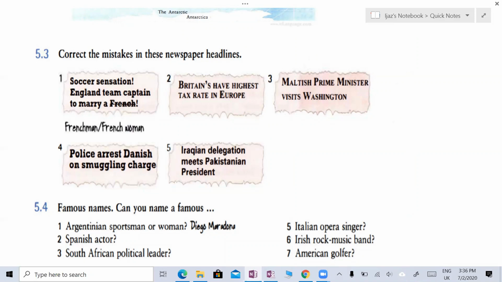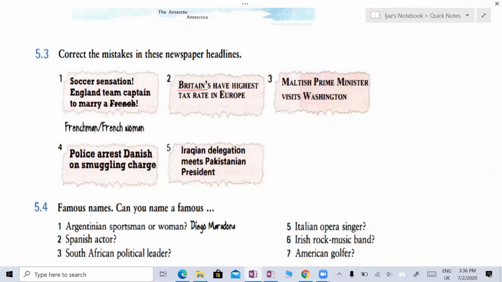Britons have highest tax rate in Europe. What kind of mistake is there? I think so. The will come before Europe. No. It's related to country. The mistake is with country or nationality. Can you look at the word which I have underlined?